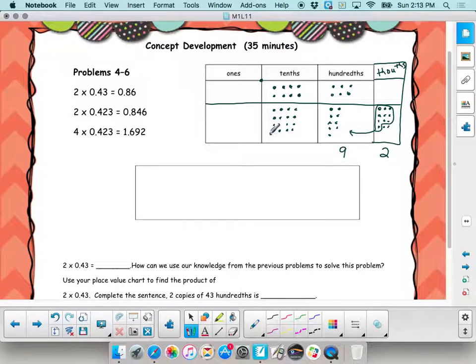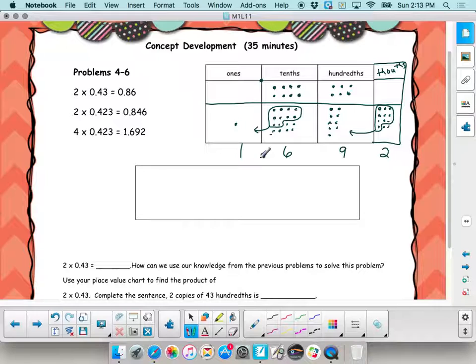Regroup 10. So my answer is 1 and 692 thousandths.